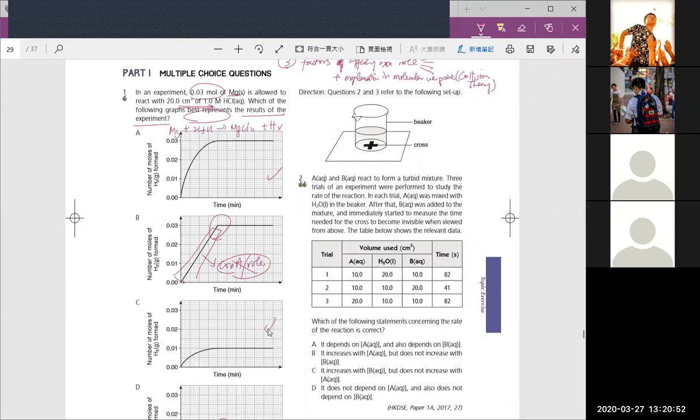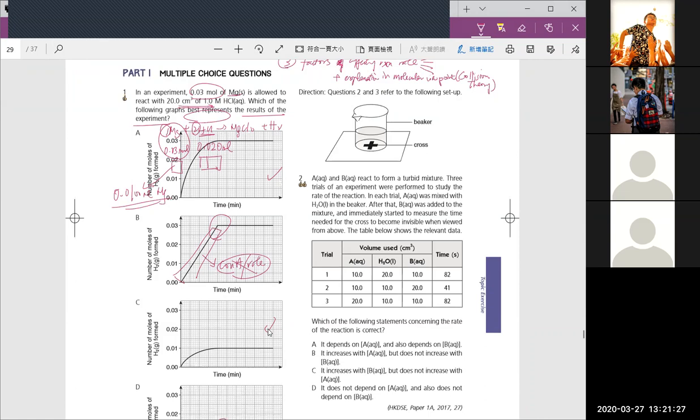Yes, you are going to calculate which one is the limiting agent. Mg is 0.03 mole. For HCl, what is that? 0.020 mole. According to the equation, we have a 1 to 2 mole ratio. So what is the hidden message? If you are going to react 0.020 mole of HCl, you only need 0.0100 mole of Mg.